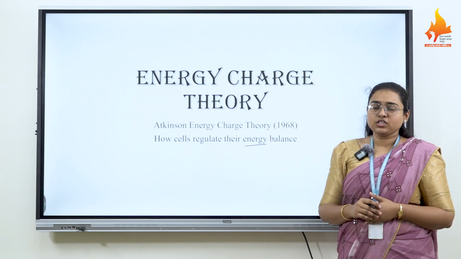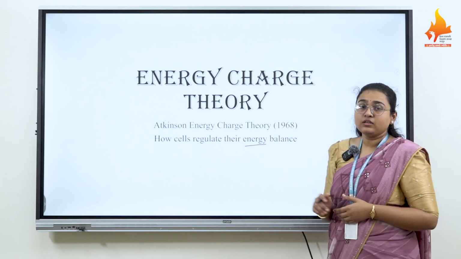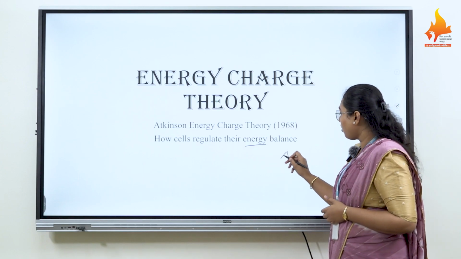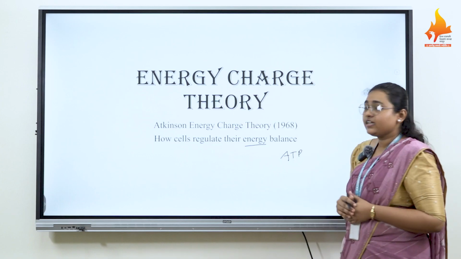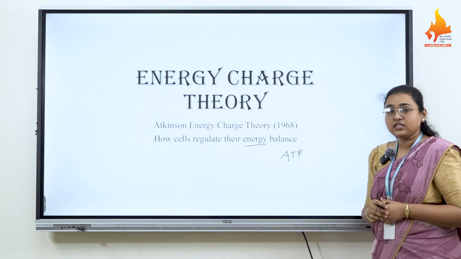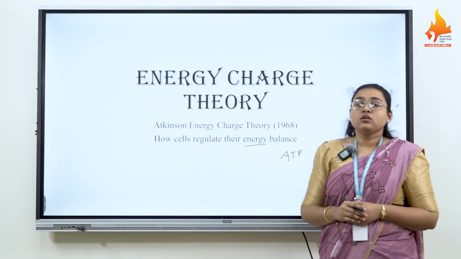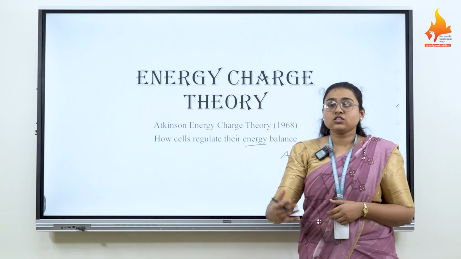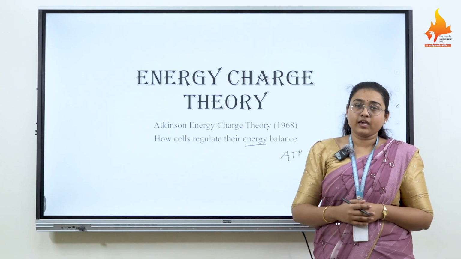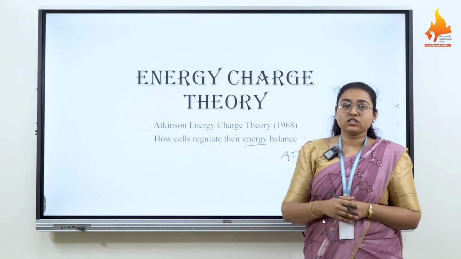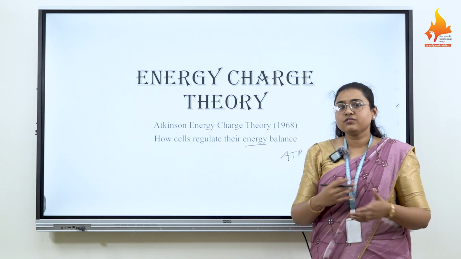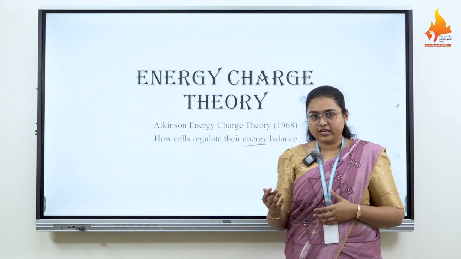In any biological form, energy is present in the form of ATP. ATP is also known as the energy currency of the cell. The cell expends some energy in the form of ATP, and the cell also generates energy in the form of ATP through different types of anabolic and catabolic reactions.